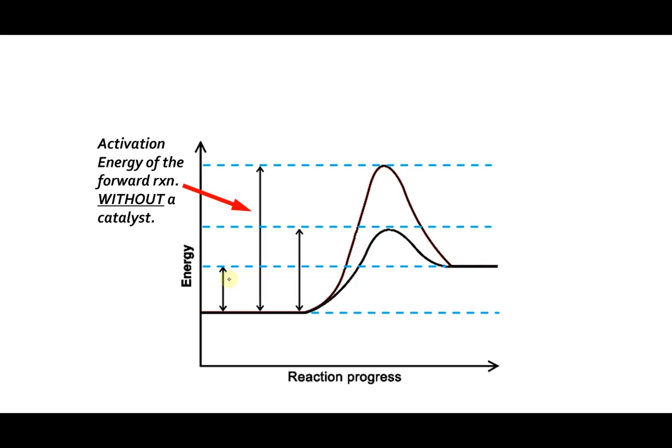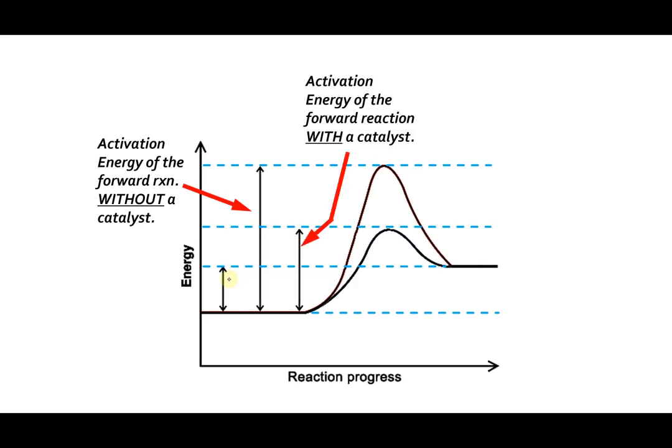And in much the same way as with our last one, we can also draw in and show that there's an activation energy if we have a shorter catalyzed pathway through that lower energy input activation energy, as is labeled here. So I've left the first arrow showing here, to show the difference between the activation energy there on the left without a catalyst in place, which is much greater than the activation energy of the forward reaction if we do have a catalyst used.